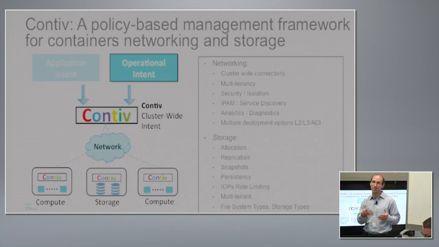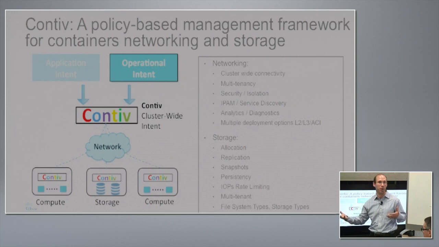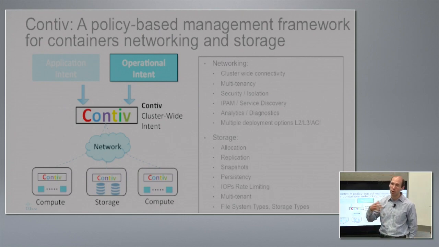Of course, this depends on the networking mode you're ultimately connecting to, but its policy structure is rich enough to define different kinds of multi-tenancy modes, security, and how security between containers can be defined. A lot of this, of course, is taken from the concepts of group-based policy that we've been driving: defining groups and policies that connect the groups together. That's a key part of the Contiv implementation.